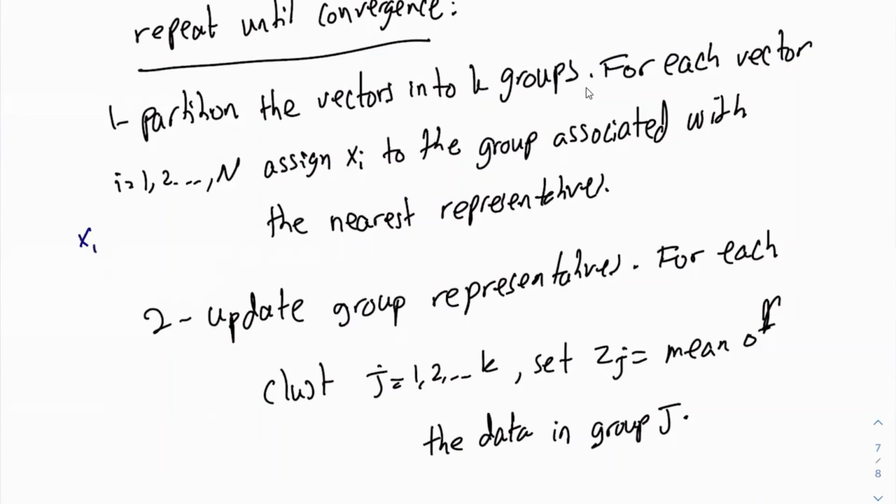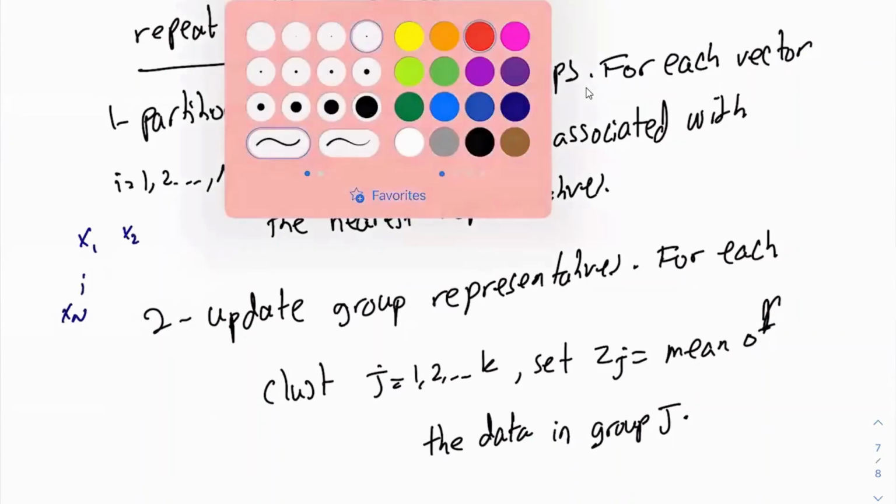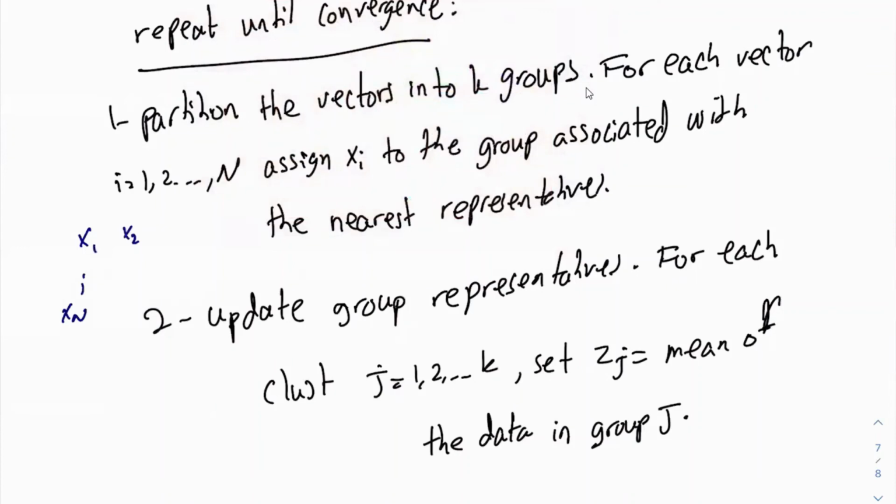You have x1, x2, all the way to xn, and you randomly generate the group representatives, z1, z2, all the way to zk. You calculate the distance between these data points and the group representatives. For example, you calculate the distance between x1 and z1, z2, all the way to zk.